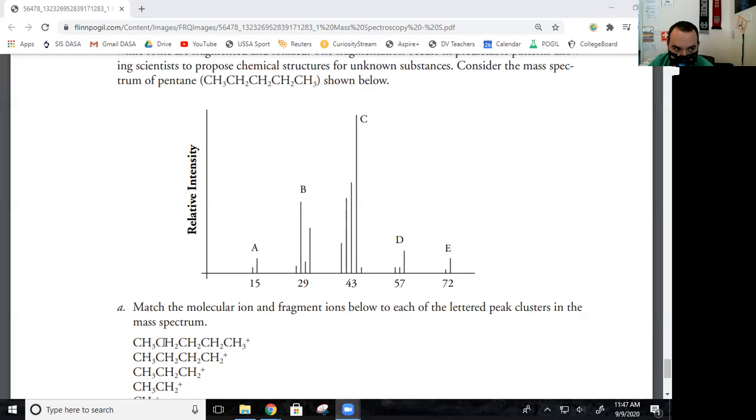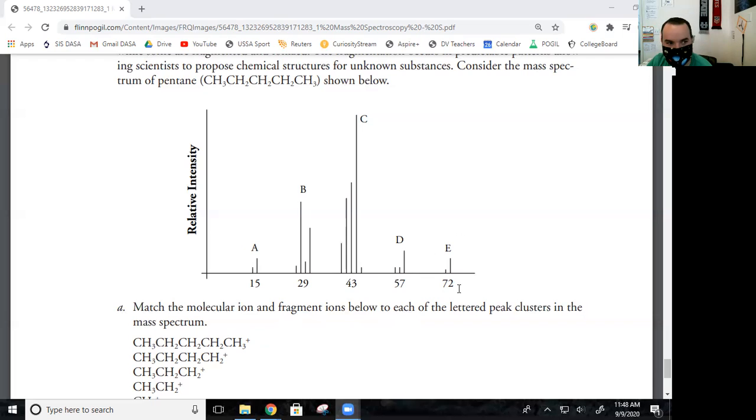So 12, 24, 36, 48, 60, 72. Whoa. Okay. Yes, you can assume that the most massive molecule is this one because it has the highest number. But you could have literally just said, this has a mass of 72.